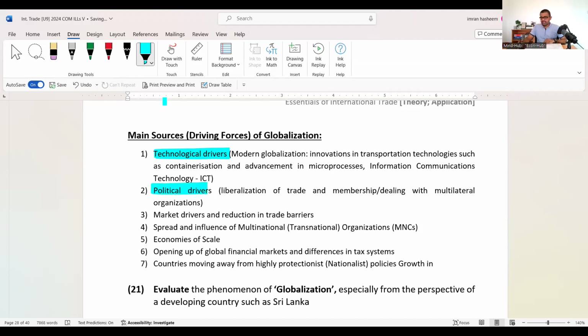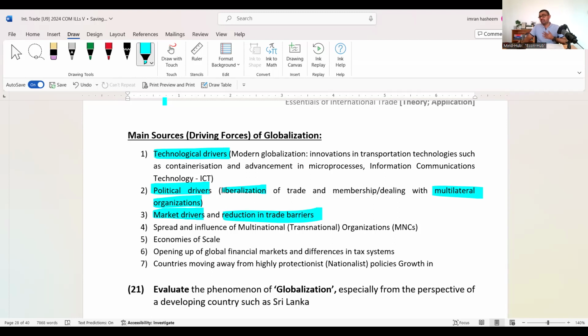Then political drivers are there. Most countries believe in liberalization, opening up their economy, breaking down barriers, right? And most countries want to get membership and deal with multilateral organizations. That also opens up their economies. Then market drivers and reduction in trade barriers. New markets opening up and most countries wanting foreign companies and people to come and invest.